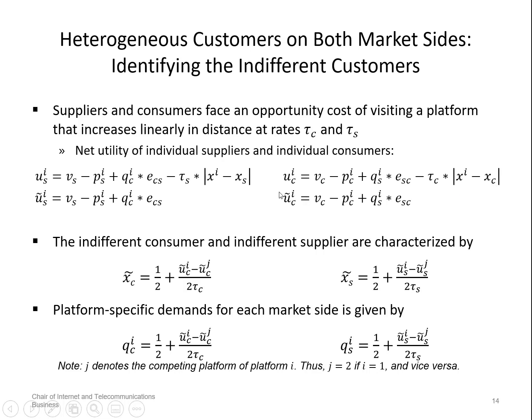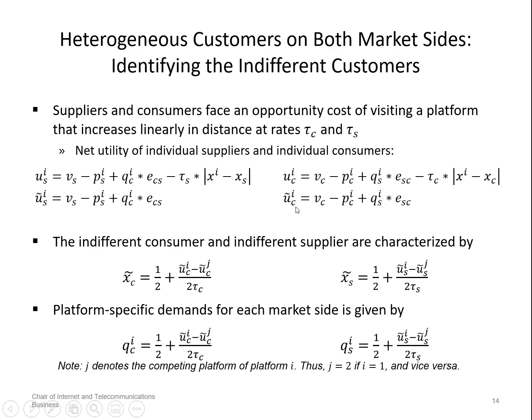Just to simplify notation, we call Ui tilde the net utility, which is how much they gain from the standalone value and the prices, and how much they value consumers, that is, how much value consumers provide to each supplier.